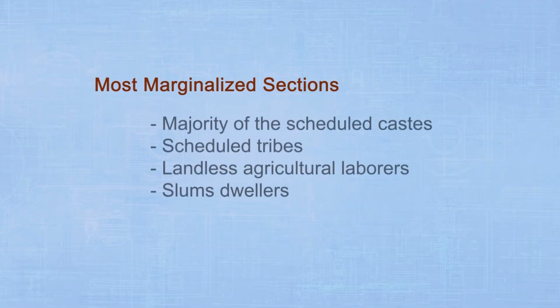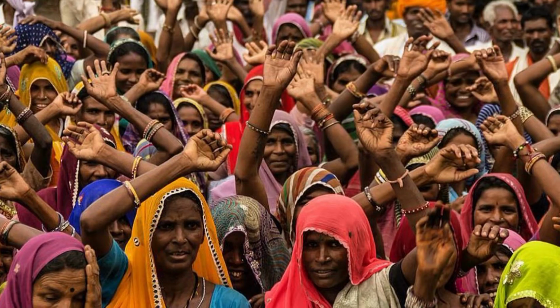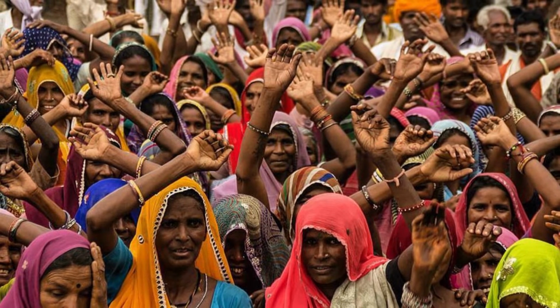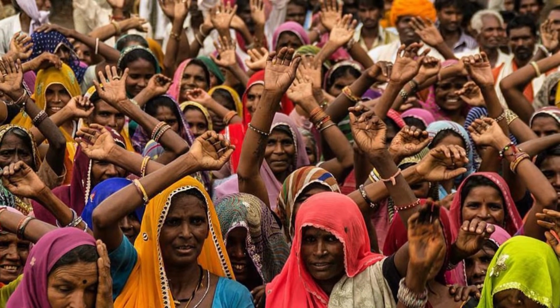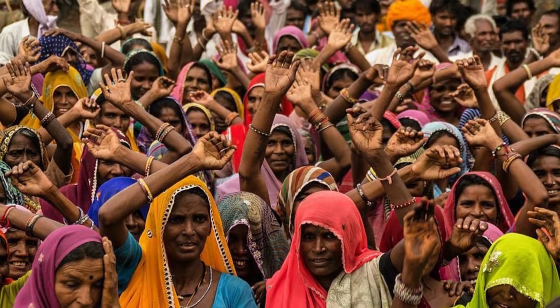It is a well established fact that the majority of the scheduled castes, scheduled tribes, landless agricultural laborers and slum dwellers etc. are the most marginalized sections. A large segment of the female population is the worst sufferer among all.